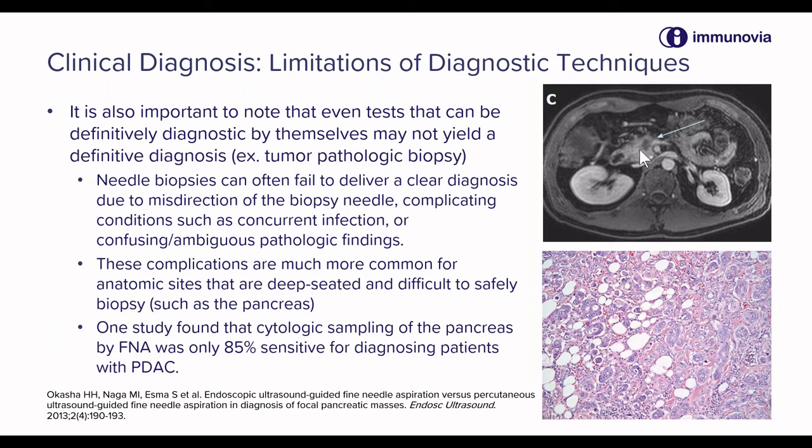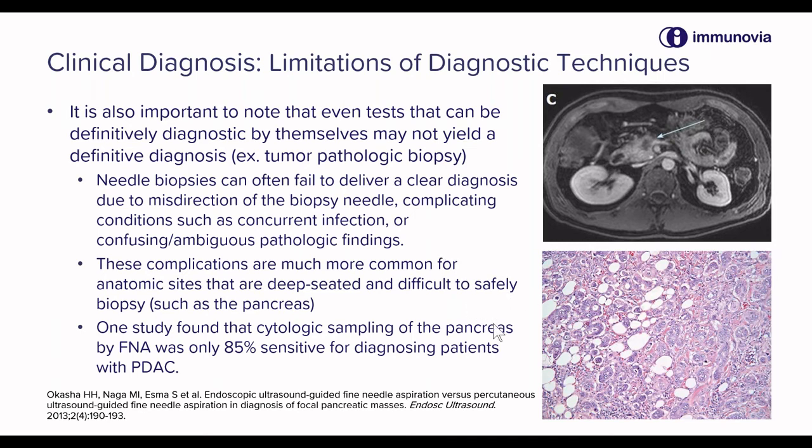One can also have confusing results because of concurrent infection. Pancreatic tumors can cause pancreatitis, which is an acute or chronic inflammation of the pancreas, by blocking the duct. Sampling of that may lead to a false negative diagnosis. And so for all of these reasons, these more invasive tests may yield a negative result inappropriately.